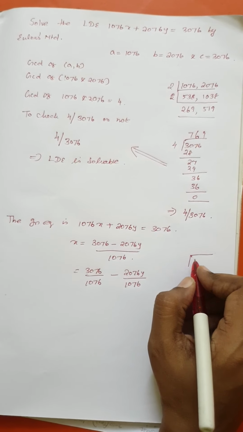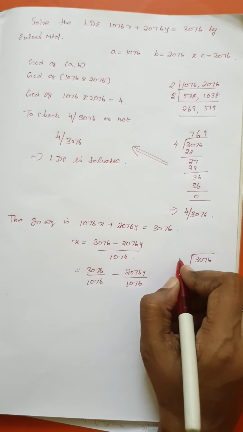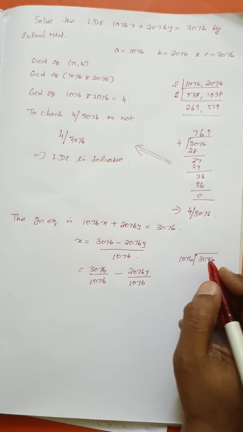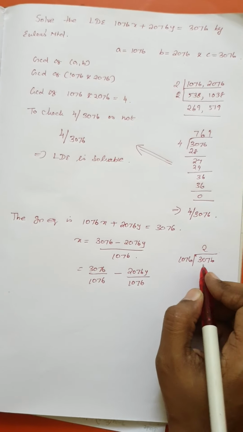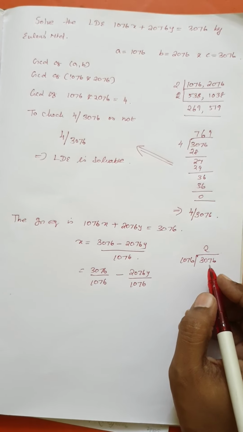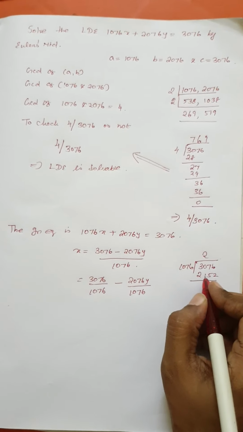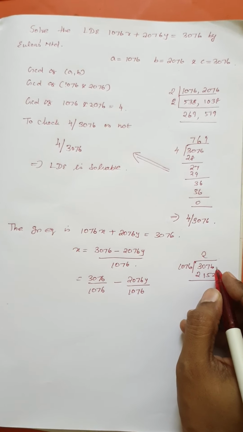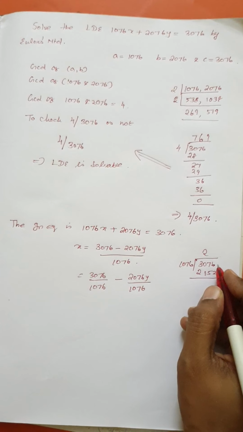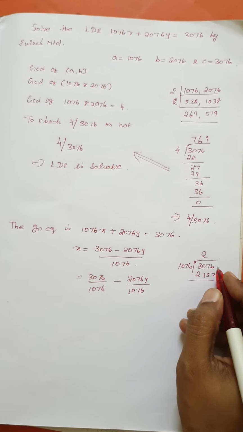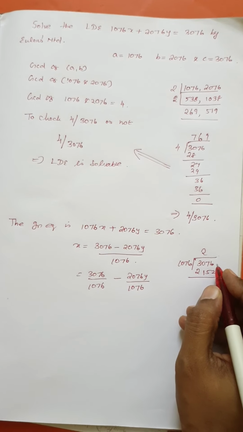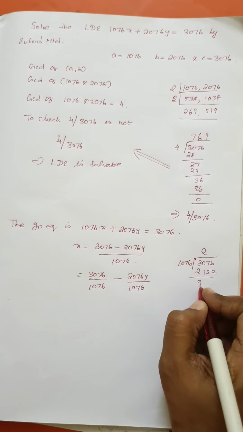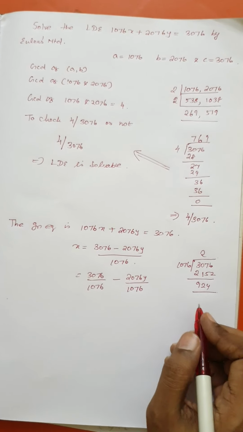First I divide the number 3076 by 1076. 2 times 1076 is nothing but 2152. So after subtracting 2152 from 3076, we will get 924 as the remainder.